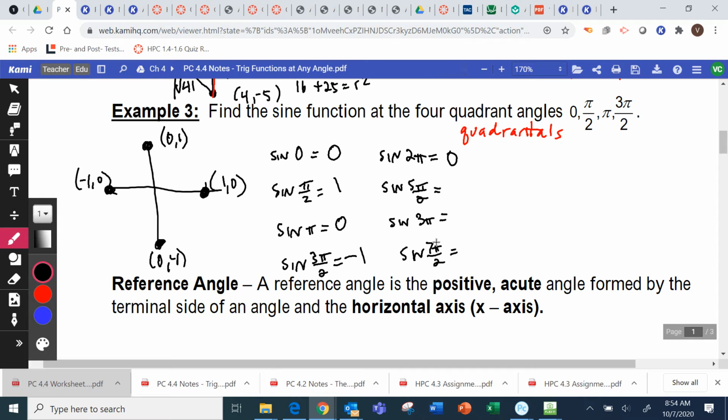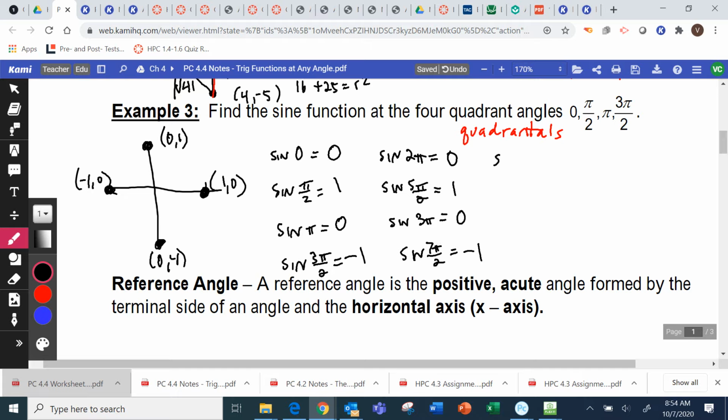Sine at 5 pi over 2? It's 1. What's the sine at 3 pi? 0. What's the sine at 7 pi over 2? I'm not skipping any of the quadrantals. I'm just going around again.